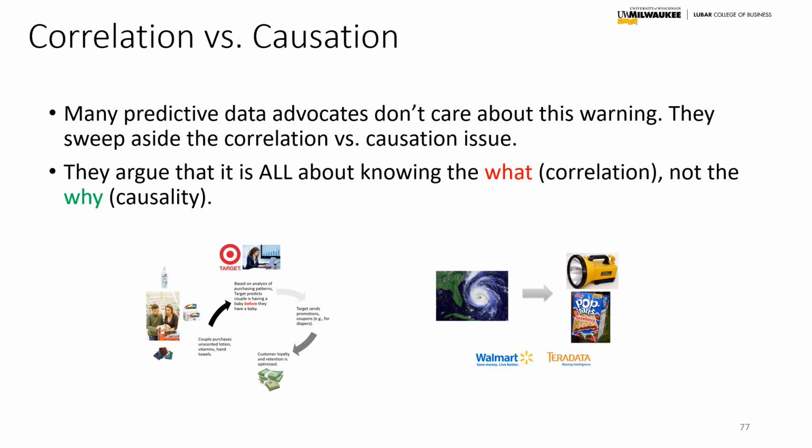Walmart exploited relationships in the data to realize that there's a greater interest in having Pop-Tarts when a hurricane is coming. In either case, the organizations were not concerned about the why. They're not concerned about what factors explain the behavior, and they just exploit the what, the correlation.